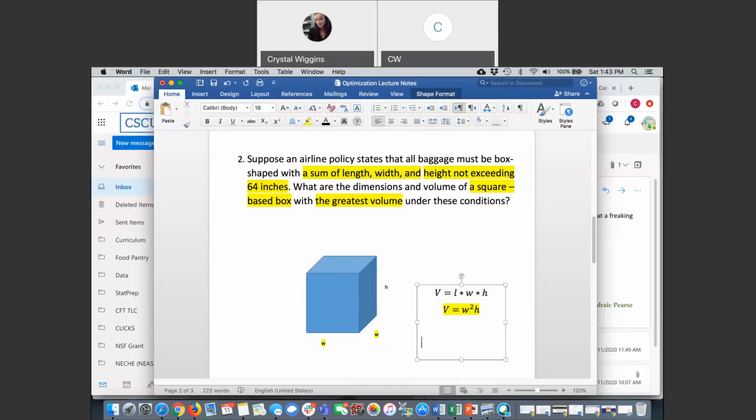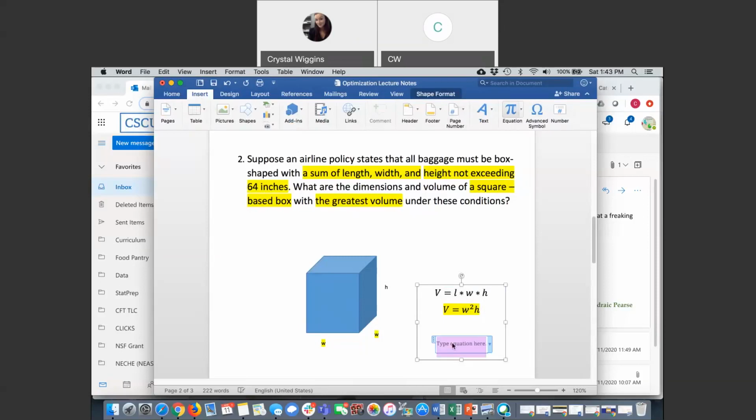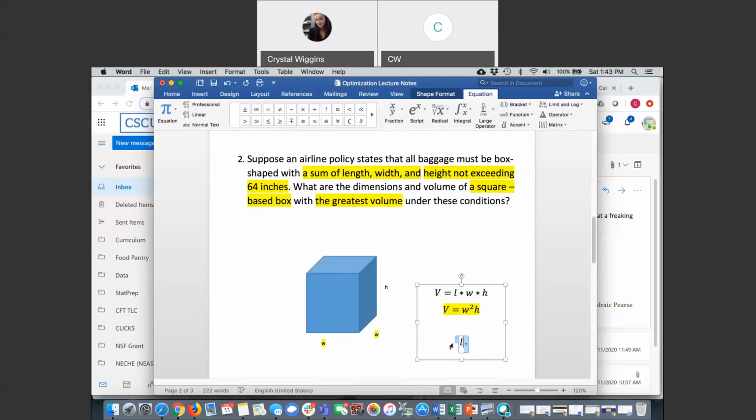So let's build another equation. And let's see, length plus width plus our height is not exceeding, so it needs to be less than or equal to 64.